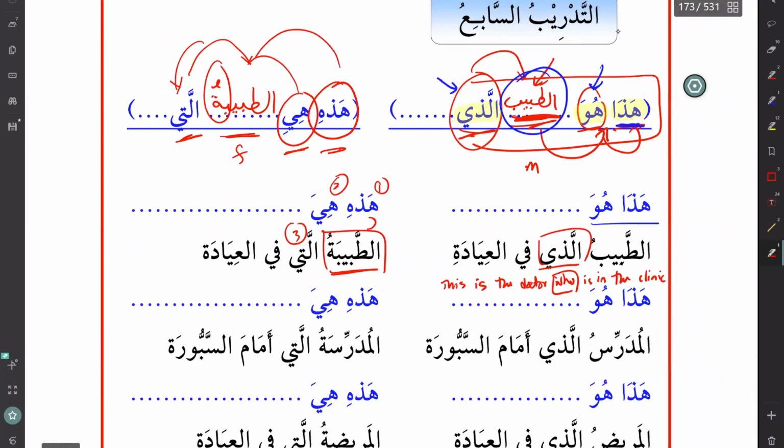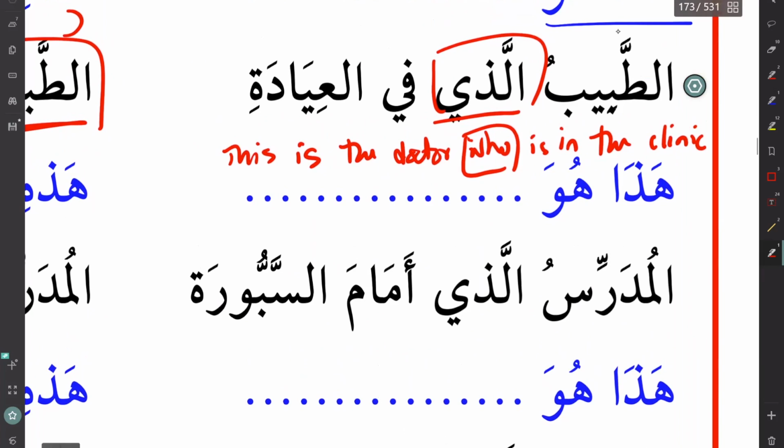Okay, so let's see a few more examples. We have here, it says هذا هو المدرس الذي أمام السبورة. This is the teacher who is in front of the board. هذا هو المدرس. If you don't have هو, you say هذا المدرس, then you say this teacher who is in front of the board.